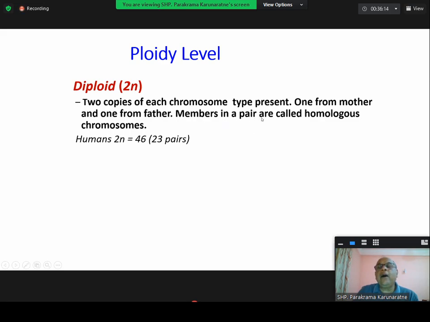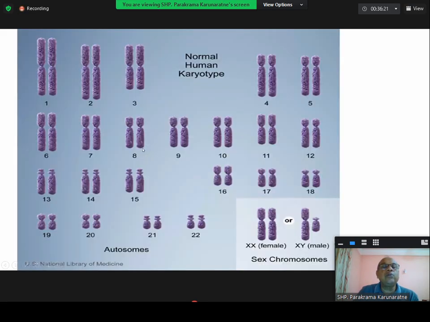Members in a pair are called homologous chromosomes. If you go back, these two are called homologous chromosomes. You can say this one is homologous to this one, and this one is homologous to this one, in each pair, right?